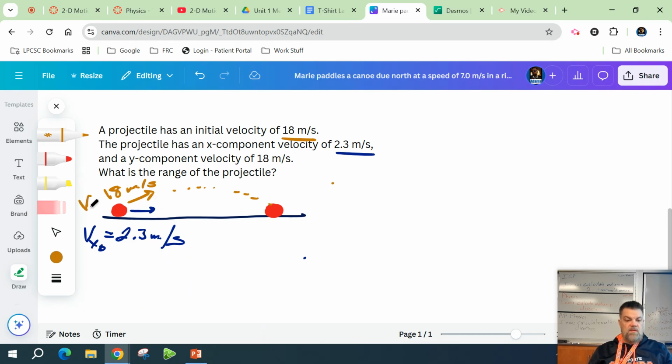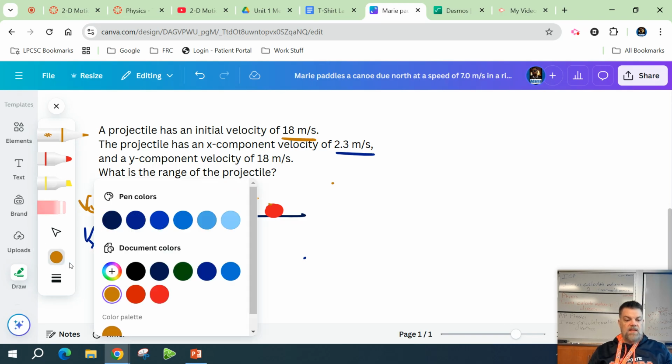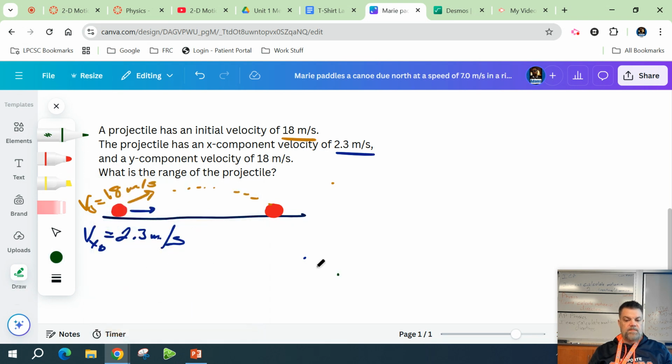This is v naught initial. And then lastly, let's do green. It has a y component velocity of 18 meters per second. So Vy naught equals 18 meters per second.